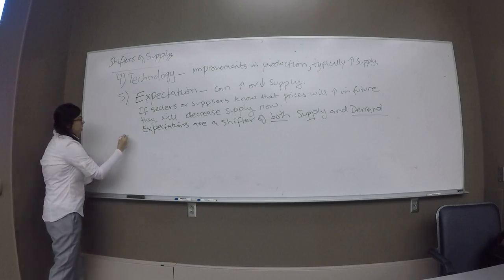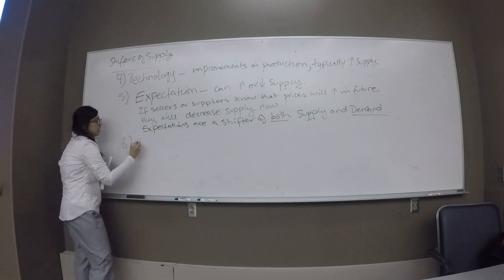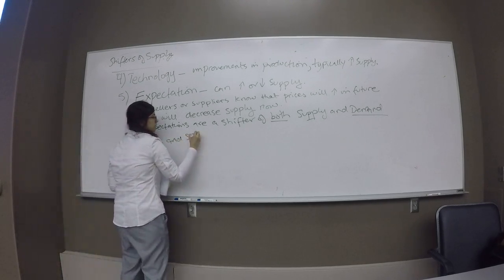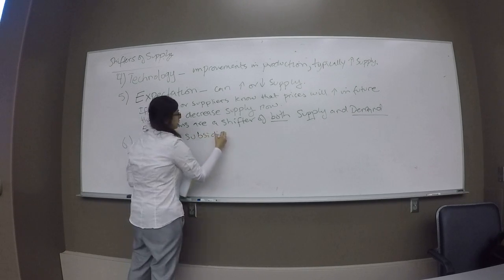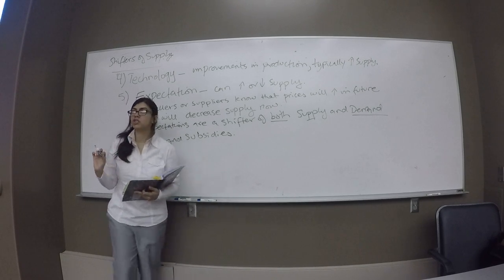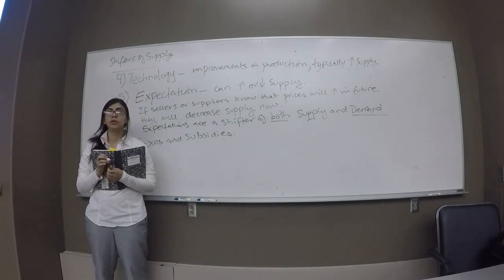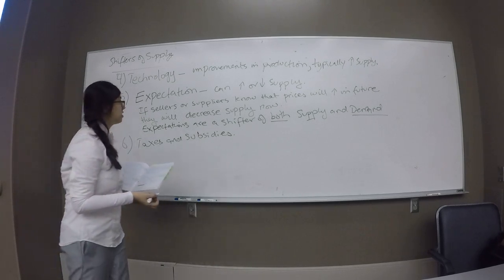Now the last one, the sixth thing that can shift a supply curve, is taxes and subsidies. Taxes are just like costs for producers. To producers, taxes are just like a cost. It's something they don't want.